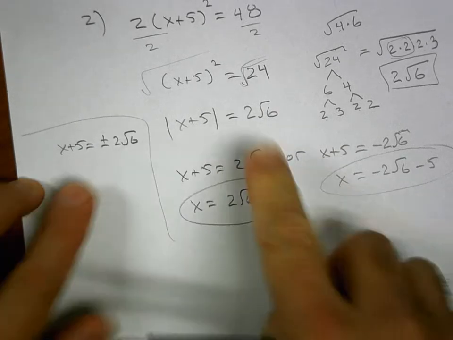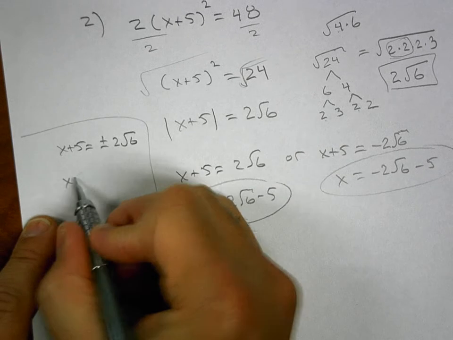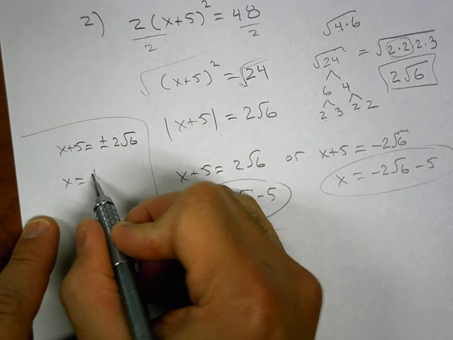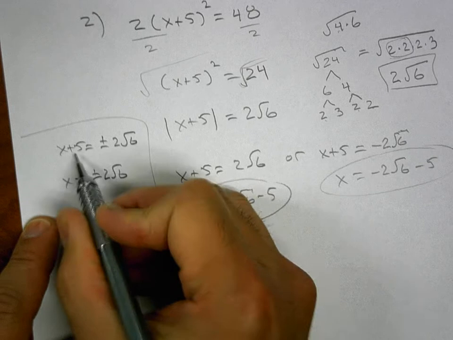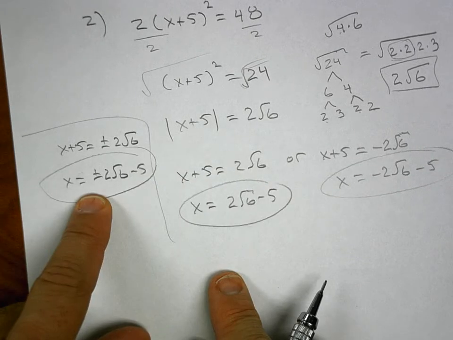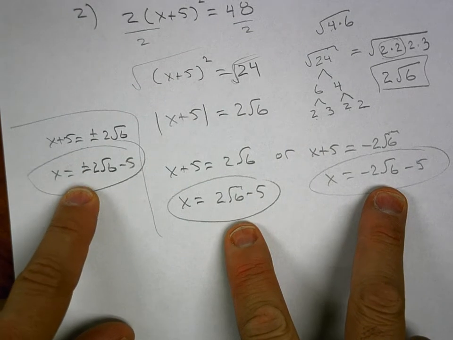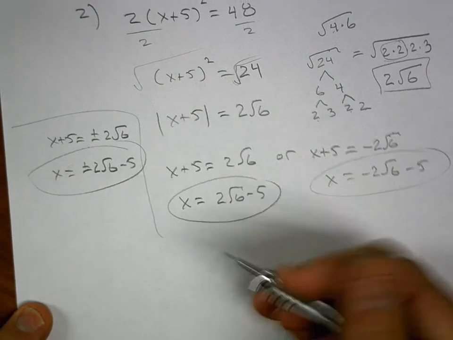You can do that. And then your answer, just subtract 5. So x equals plus or minus 2 root 6, and then minus 5. So you can just write it like that if you want. Saves a little bit of time. Okay, or this way, doesn't matter. Same thing.